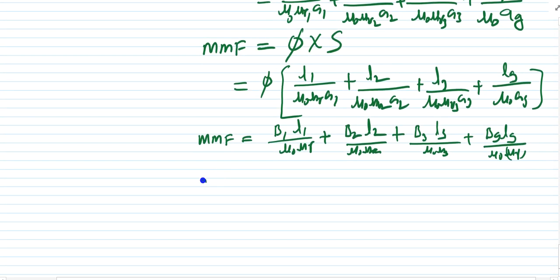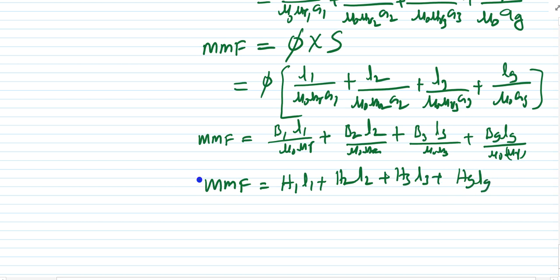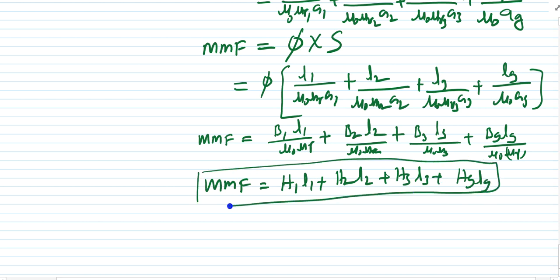Further, the mmf can also be written in terms of the field intensity: H1 L1, H2 L2, H3 L3 and Hg Lg. So these are the different analyses you can do.